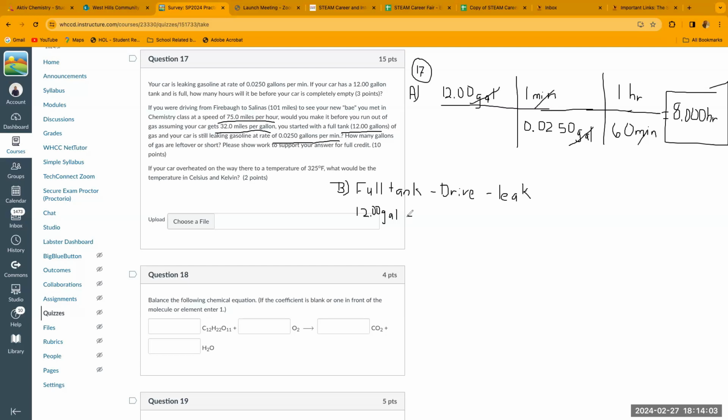Okay, and then we're going to subtract the amount that we're going to lose from driving.